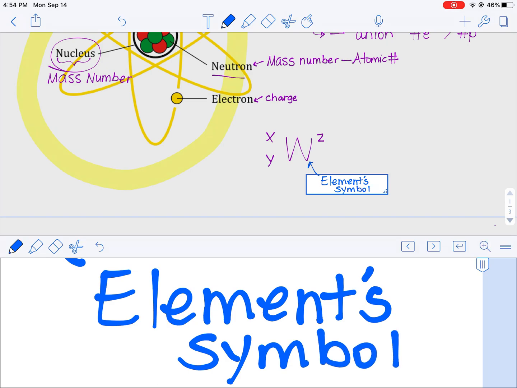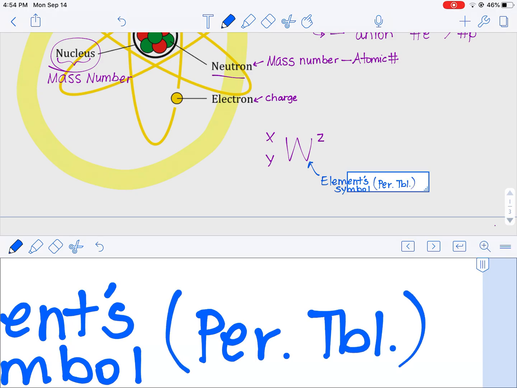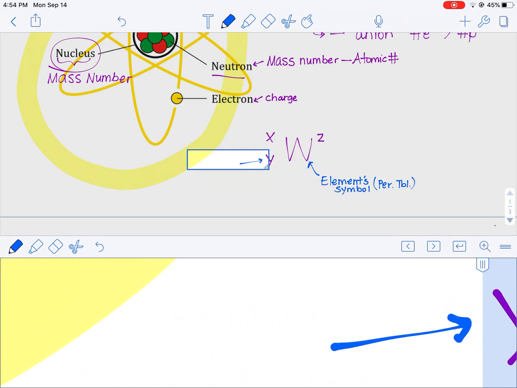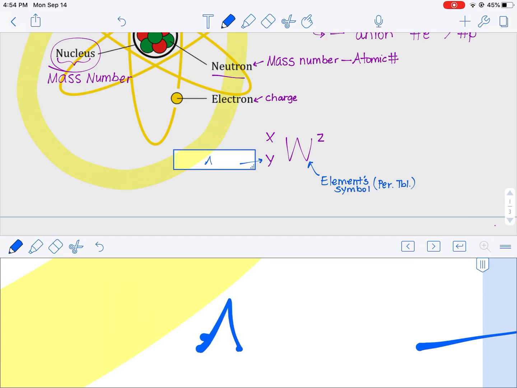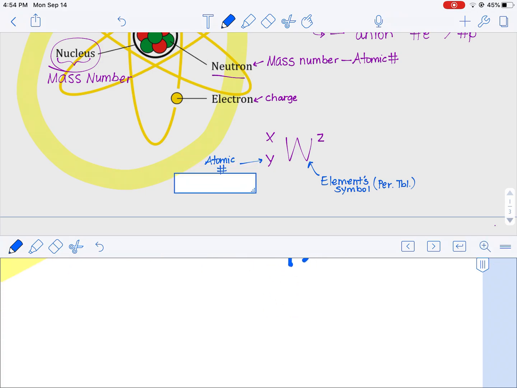And we get that from the periodic table if it's not something that you've already got memorized. Information in the Y position is the atomic number. Now, sometimes this is left blank.